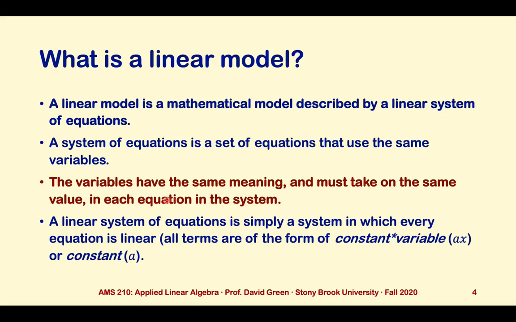So if we see an x in one equation and x in another equation, they have to take on the same value in that system, right? So that's what it means to be a system of equations.